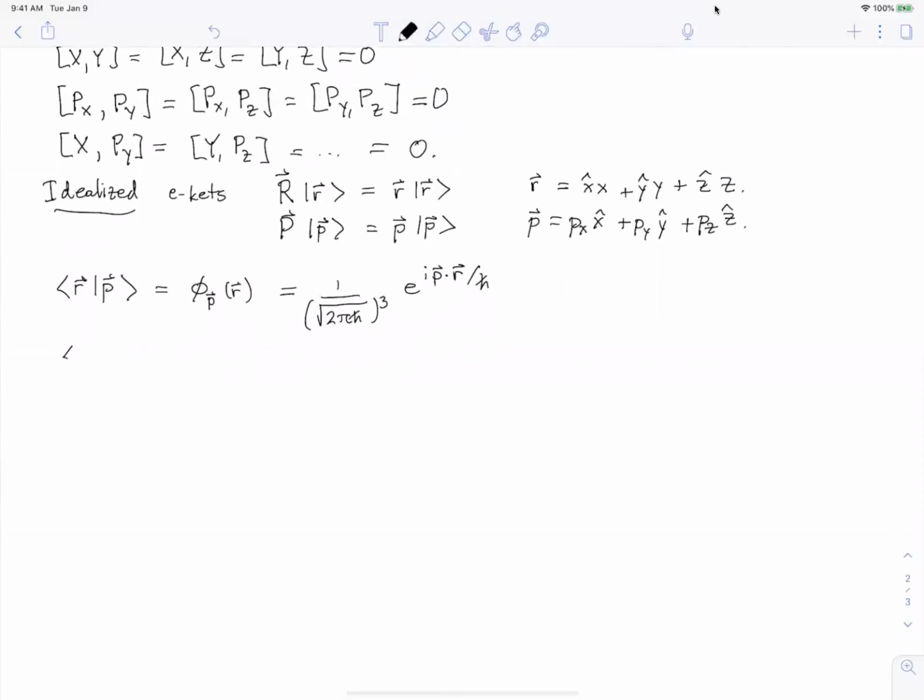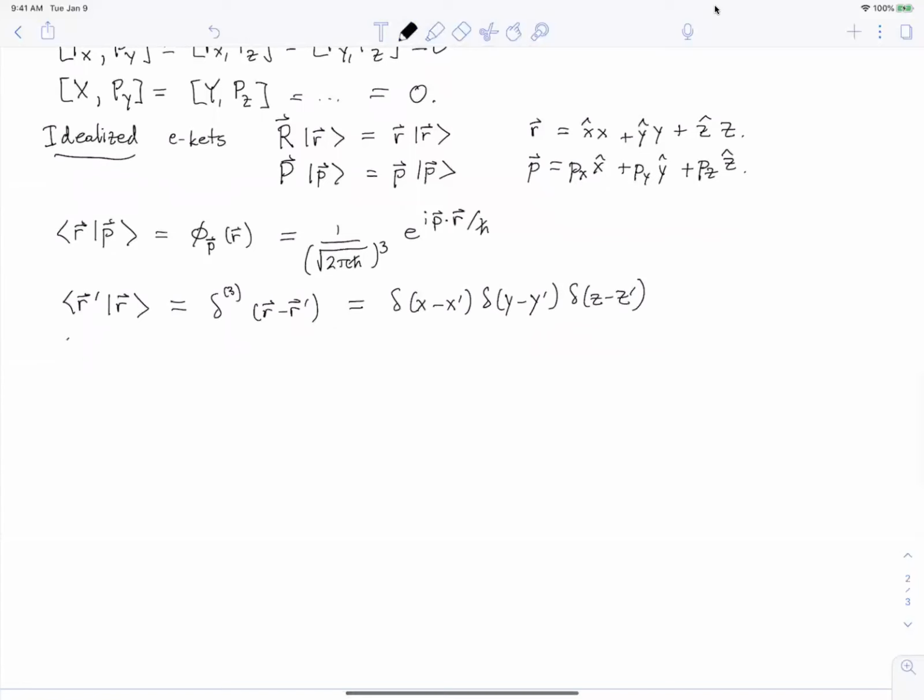And then you can do, for example, r prime r, inner product. That's the three-dimensional delta function of r minus r prime. And the definition of that is it's the product of three individual one-dimensional delta functions. So it's delta x minus x prime, delta y minus y prime, delta z minus z prime.